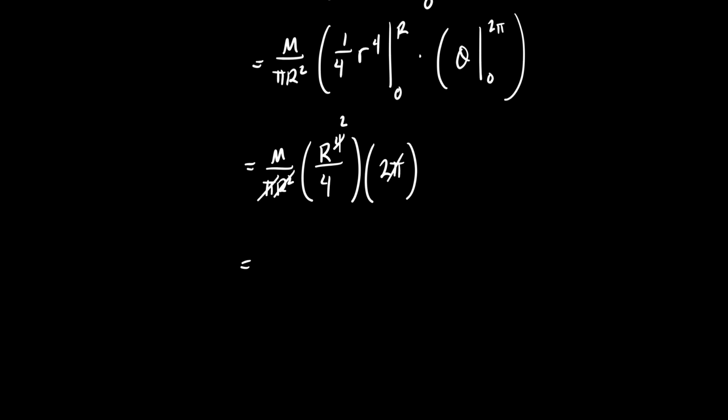Pi cancels with pi. And 2 cancels with one of the 2's in that 4. You guys see all of that? Leaving me with 1/2 m r squared, the moment of inertia of a disk. All good? Did I go too fast?